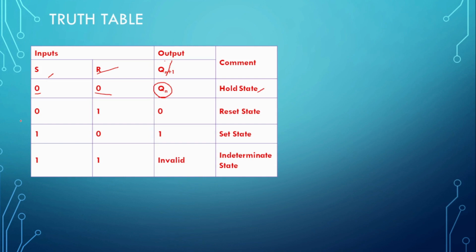If S equal to 0 and R is 1, it is known as reset state and the output will be 0. When S equal to 1 and R equal to 0, S is given a high value, so it is in set state. And S equal to 1, R equal to 1, invalid state.